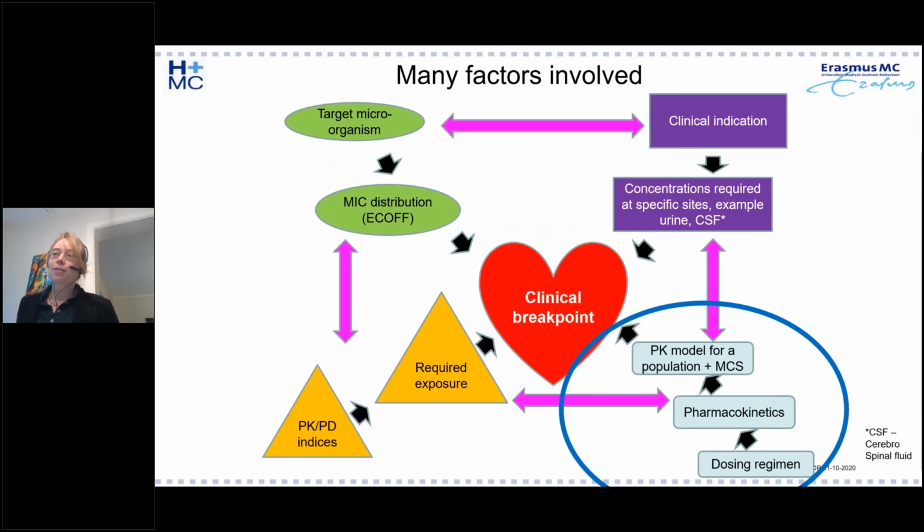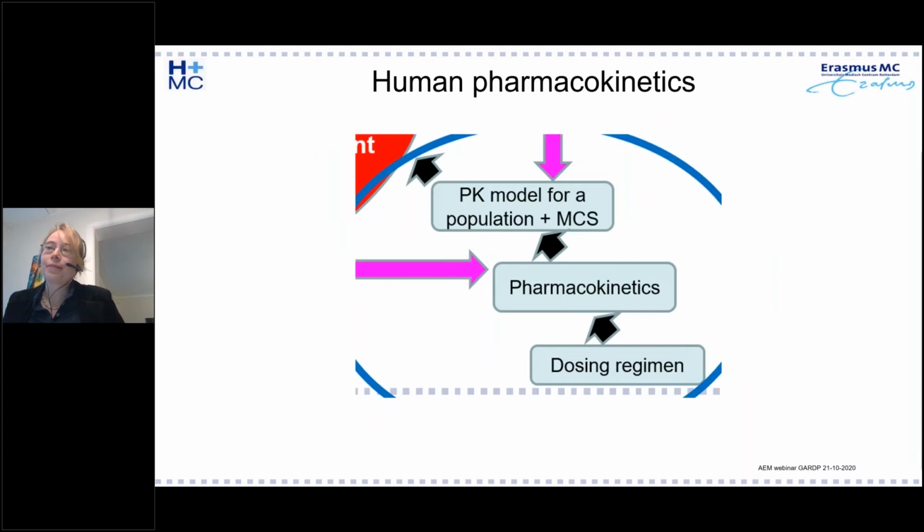So that's the pharmacokinetics of drugs. It's important, especially when we have new drugs. We don't know anything about how the drug behaves in humans. You want to know something about how high are the concentrations that are reached, how fast is the elimination, and how much drug do we have to give to patients to reach these concentrations.